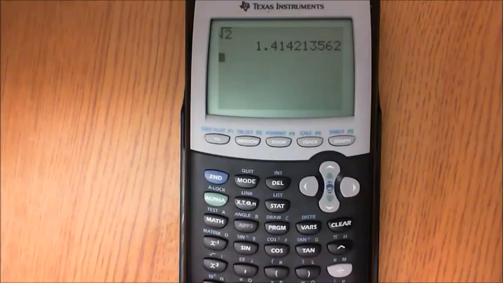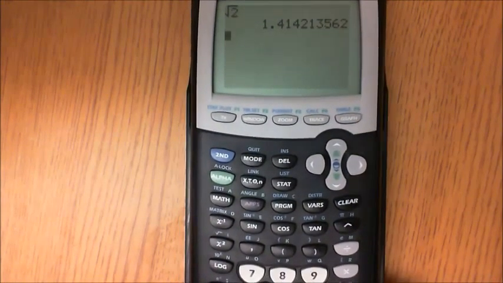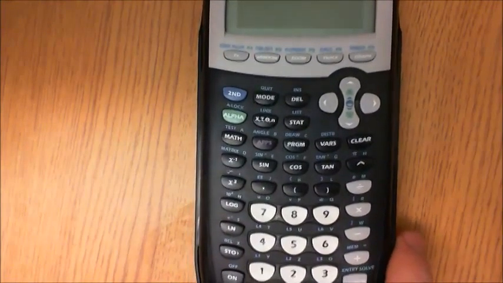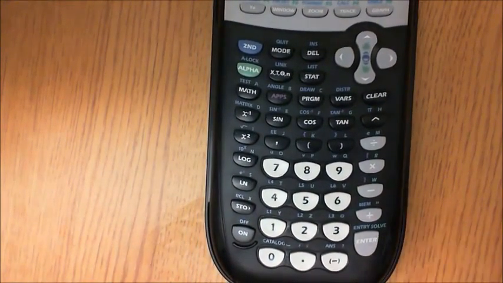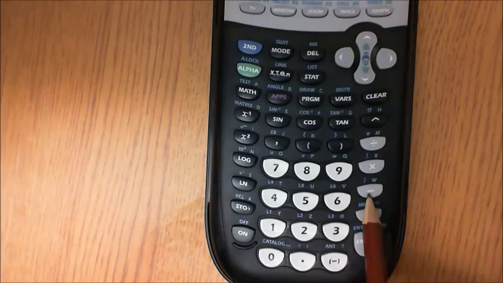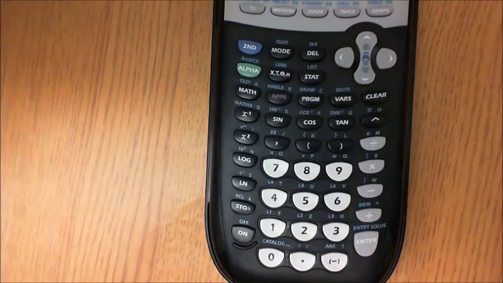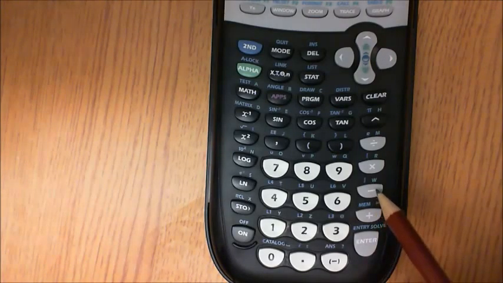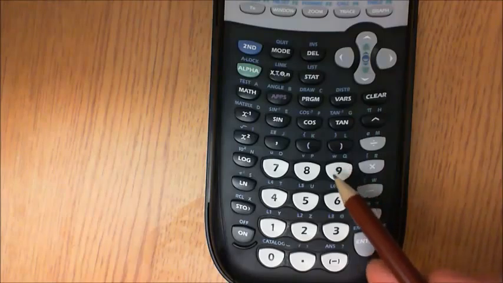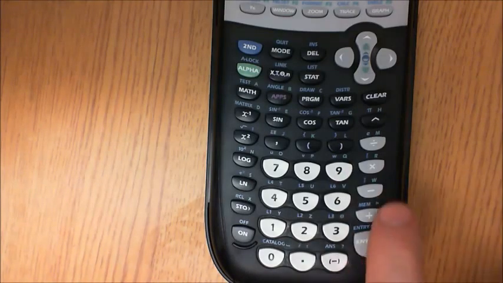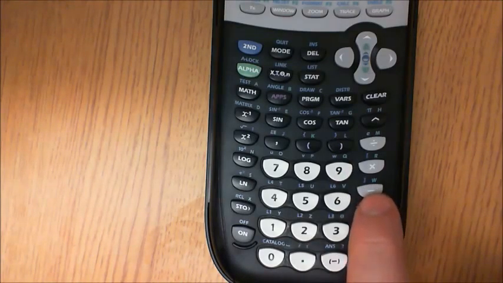Now another fundamental thing to address that confuses many students every semester is the difference between the negative key, as seen right here, and the subtract key. If we had an equation that said -3 plus -9, you could not push -3 minus 9, because the calculator doesn't know what to think with this first.